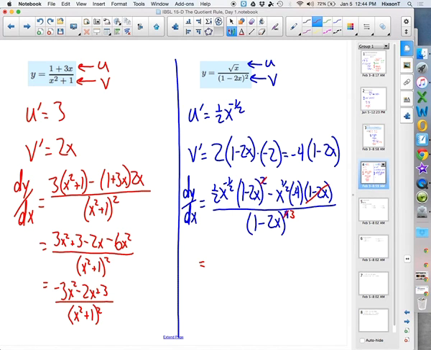I'm going to distribute: this is 1/2 x to the negative 1/2 when I multiply it by 1, and then minus 1 x to the positive 1/2, because it's negative 1/2 plus 1, so it's positive 1/2. And then here it's plus 4 x to the 1/2. That's canceled. This is all over 1 minus 2x cubed.